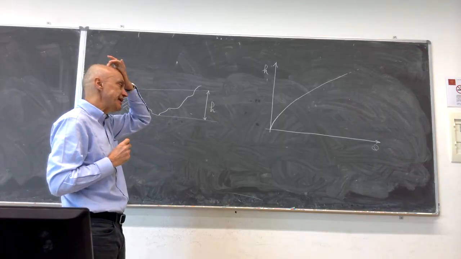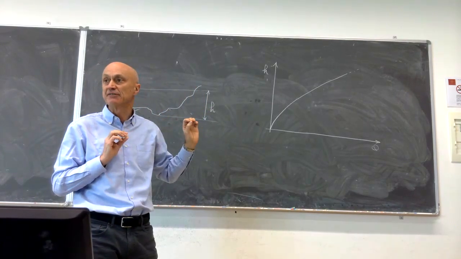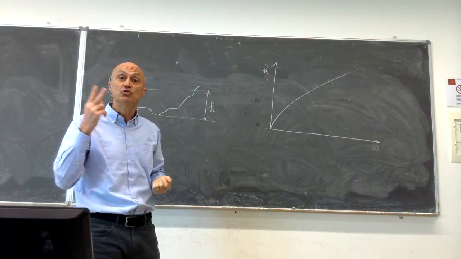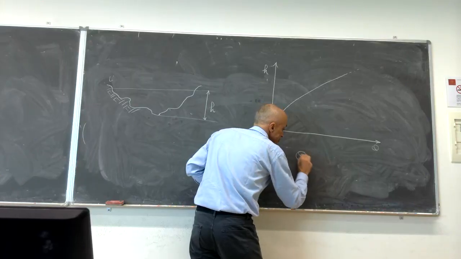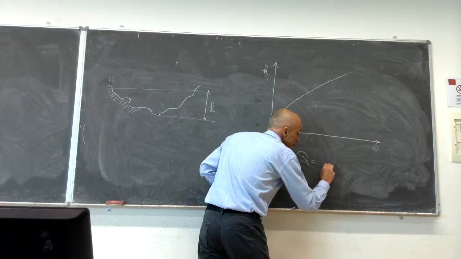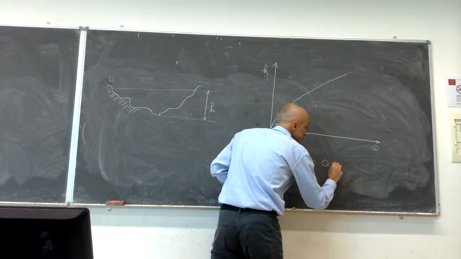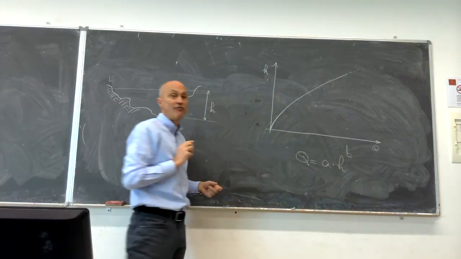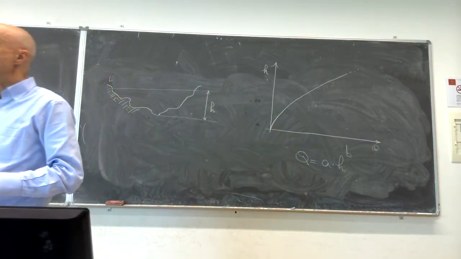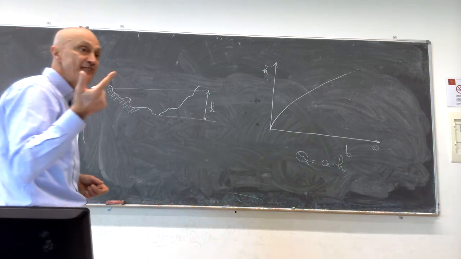So the discharge is equal to A, which is a statistical coefficient, times the water depth to the power of an exponent B. A and B are constants, and they have to be derived empirically. Okay? If you look at the slide, you see several other formulations, but they all mean the same thing.